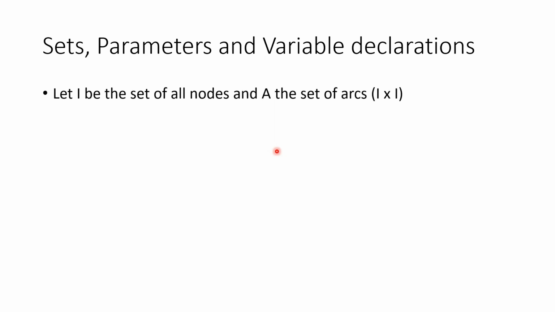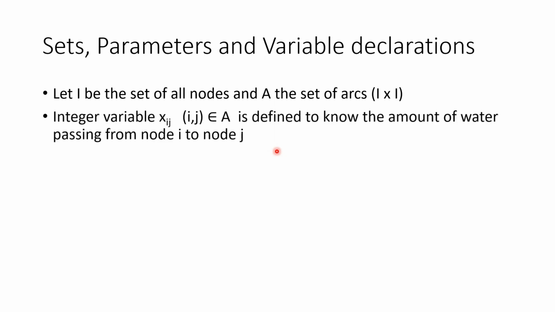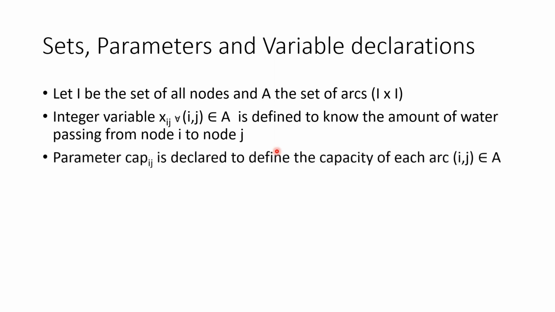Let's say that I is the set of all nodes and A is the set of the arcs between the nodes. The variable x is defined to know the amount of water passing from node i to j. The parameter capacity is declared indexed by the arcs to define the capacity of each arc.